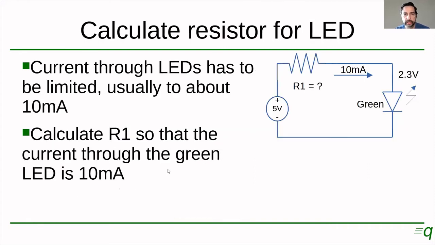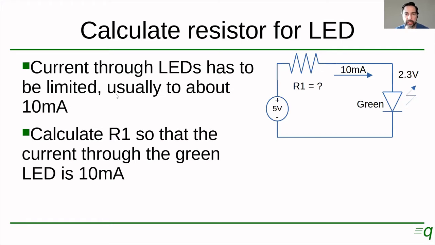So let's have a look at how we can calculate a resistor for a circuit to light up an LED. Like we said, we normally want the LED to be turned on with about 10 milliamps. If you put 5 milliamps, it's going to turn on, but quite dim.